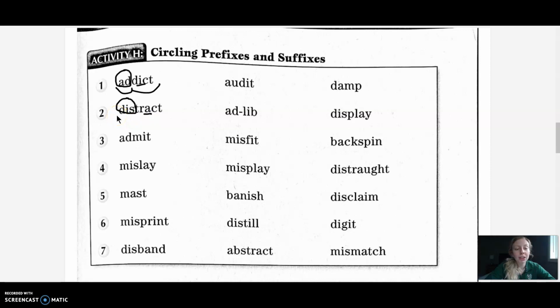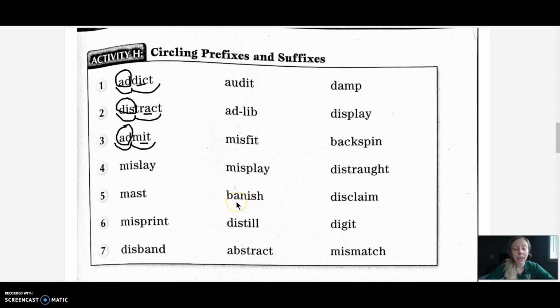Okay, the prefix is always the first word part. Distract. Okay, let's do this one here. Add is the prefix, and it looks like we have a vowel right here. The prefix is always the first word part, so admit. Good.